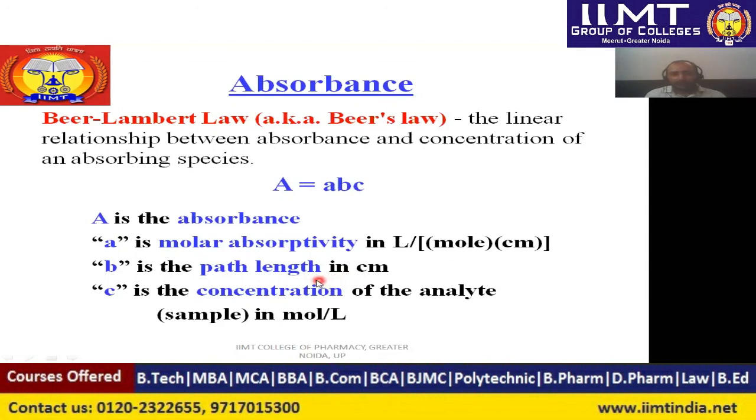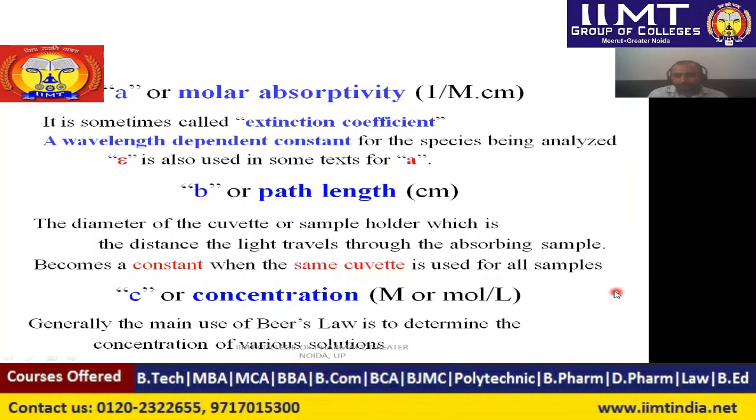The width of that cuvette defines the path length for a particular EMR. Whenever the light passes through the cuvette, from the starting point of the cuvette to the end point from where the light emerges, this width of the cuvette defines the path length in centimeters.